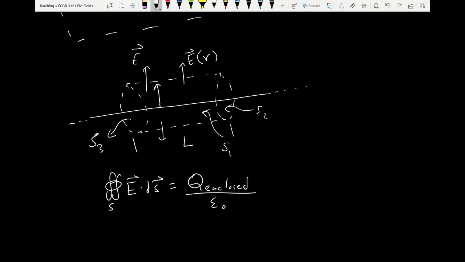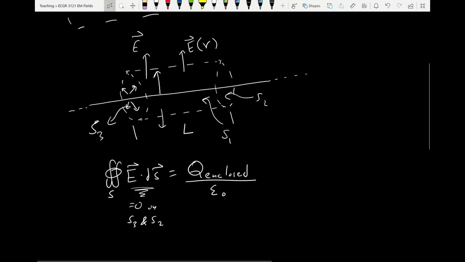Okay. For S now, the whole surface we're integrating over is going to be S1 plus S2 plus S3. But notice that the field in S2 is always going to be embedded within that surface, meaning that the vector representing that surface, which is perpendicular to the surface, is always going to be perpendicular to E. So the dot product here is always going to be 0 on S3 and S2.